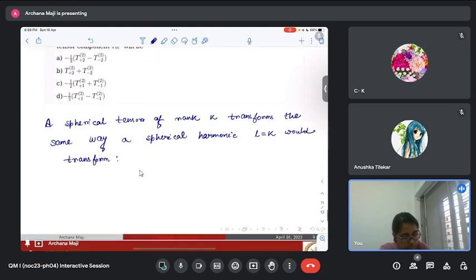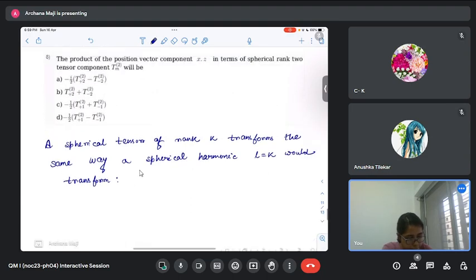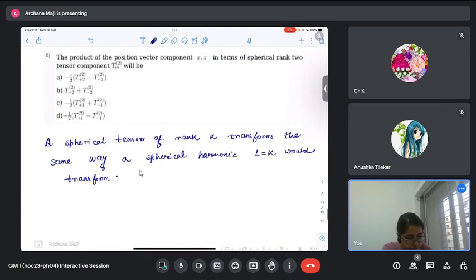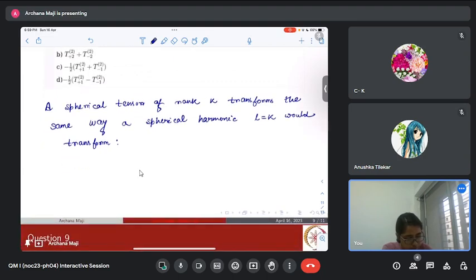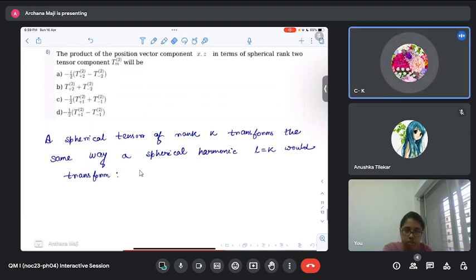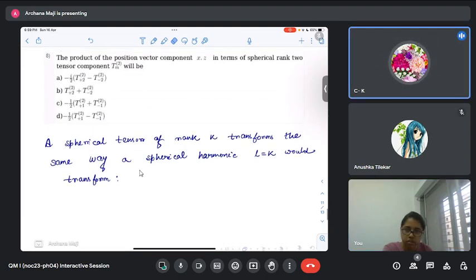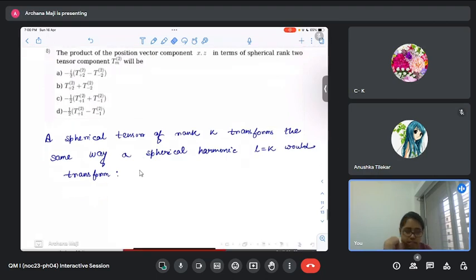So algebraically it means... Madam, what do you mean by rank of a tensor? If you can explain a little bit. It's a tensor.